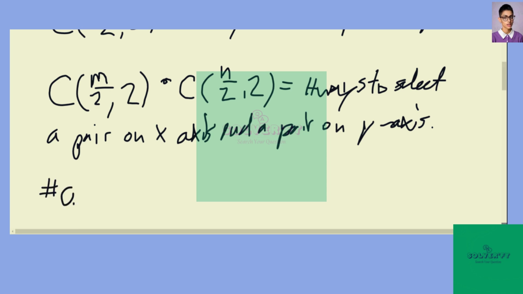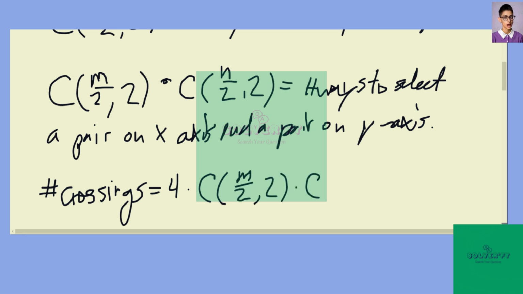And so the total number of crossings from before is going to be 4 times C(m/2, 2) times C(n/2, 2).